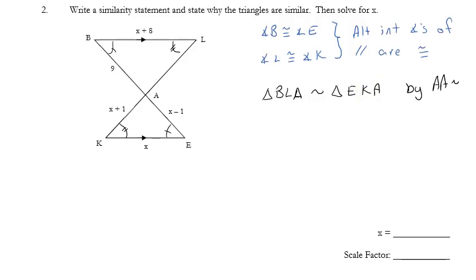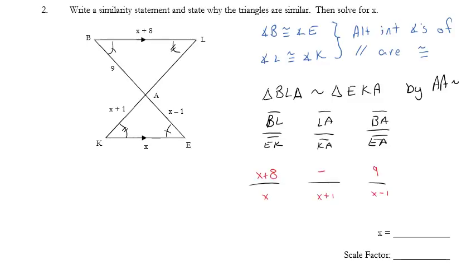If you haven't already done so, press pause and write the 3 fractions, just using your side lengths that are corresponding. So our 3 fractions should be BL over EK, which is x plus 8 over x, LA over KA. I don't know LA, so I can't use it. Obviously, that's the fraction we're not going to use.